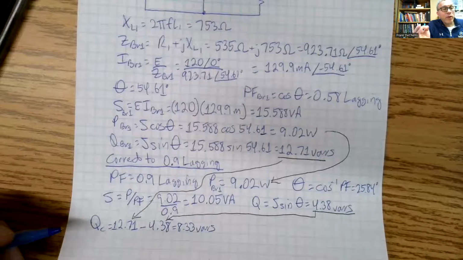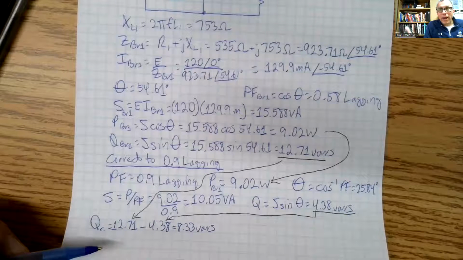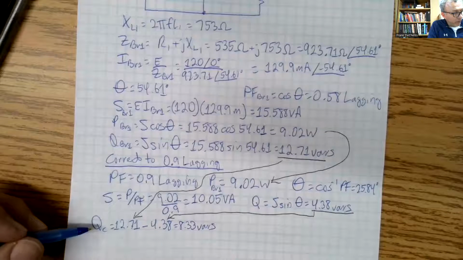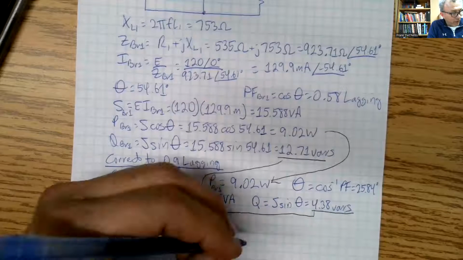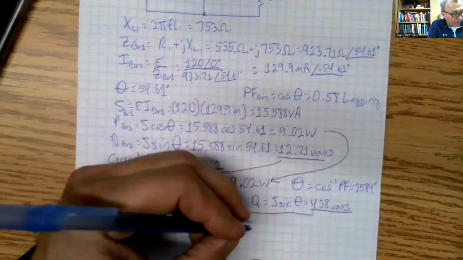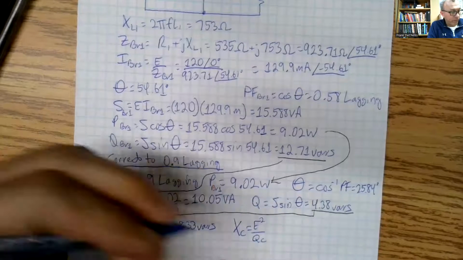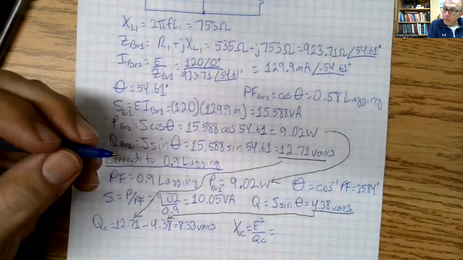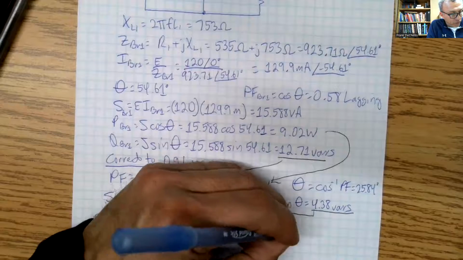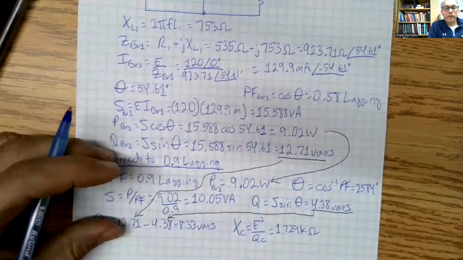So now, in order to find the capacitance, we'll find XC, the reactance of that capacitor, and then we'll find the capacitance. XC is equal to E squared over QC, which works out to 1.729K, and that is the reactance of that new capacitor.